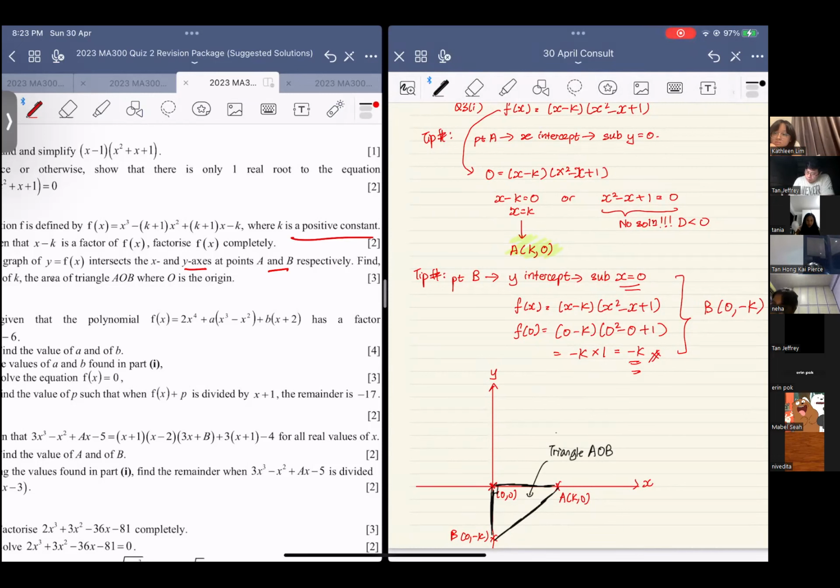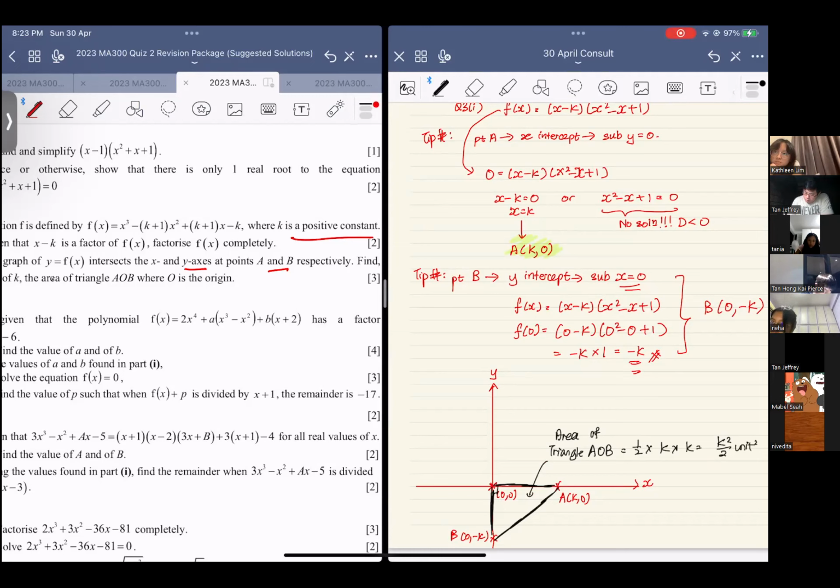The area is half times base, which is k units, times height, which is also k units. That is k squared over 2 unit squared. That is for question 3, part 2. Okay, thank you.